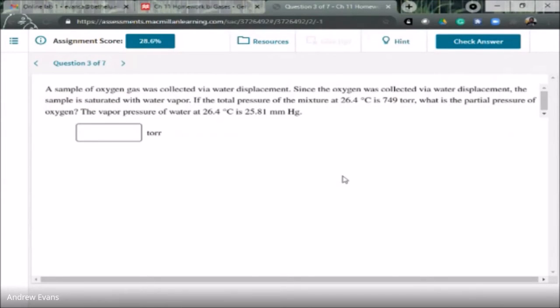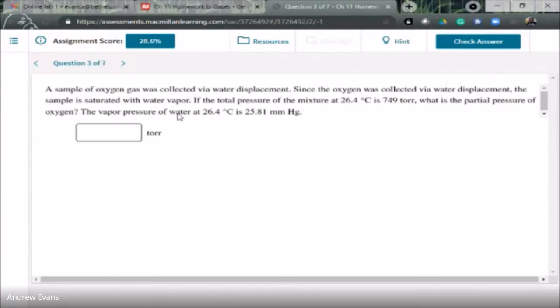This one's actually really easy. If you're given the P total and you're told that the vapor pressure of water is 25.81 millimeters of mercury, you just need to convert it to torr, which is a 1-to-1 ratio, and subtract it from your total pressure.